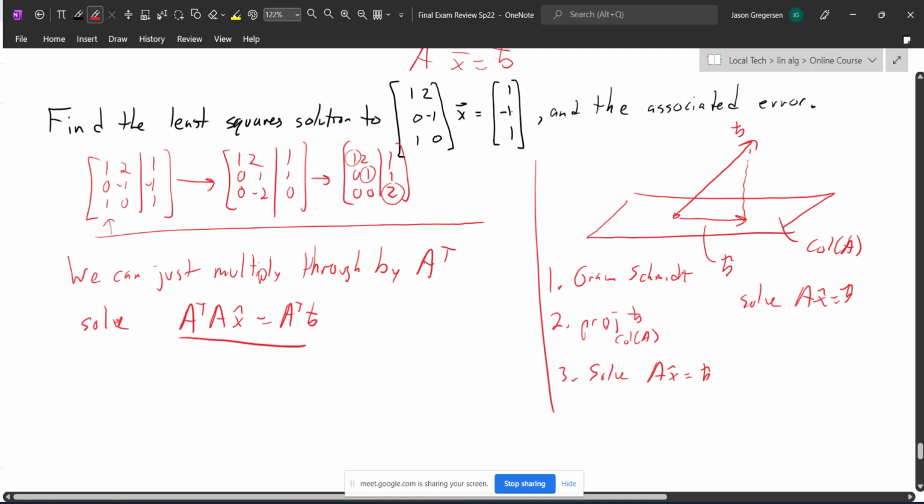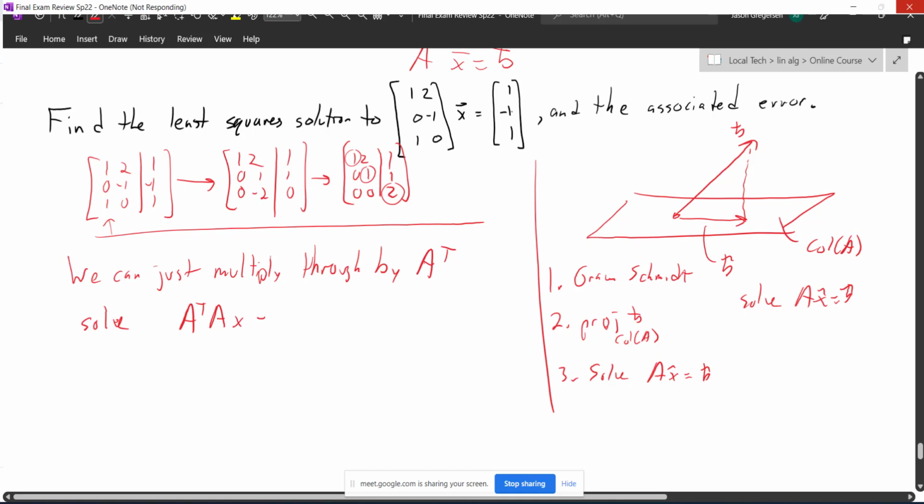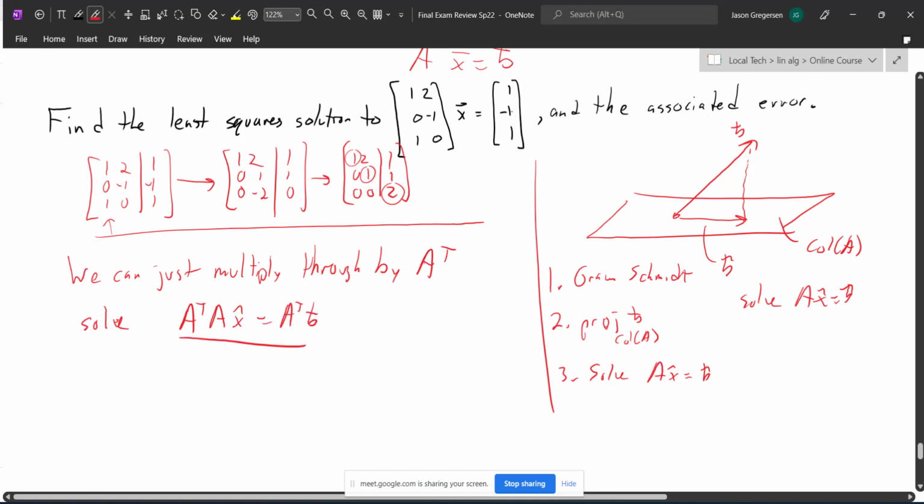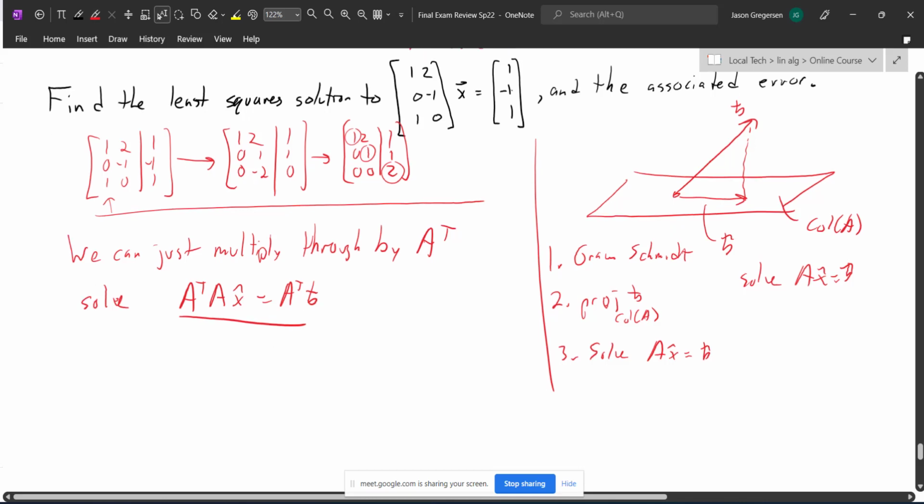This is called the normal equations, and the solution to the normal equations is my least squares solution. Okay, so instead of going through that long process, I can multiply through by A transpose and solve that instead.